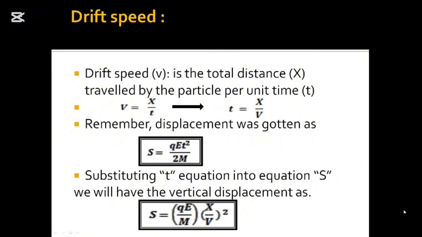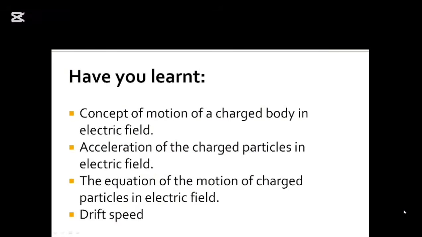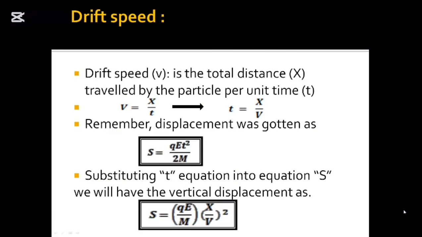qEt squared, then over 2m. But here, instead of this, what we'll now have is x over v all squared. And that is the displacement of the particle we're looking for. So the displacement any day, anytime, is giving us qE over 2m times x squared over v squared.